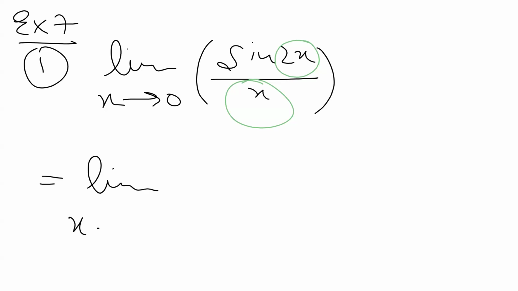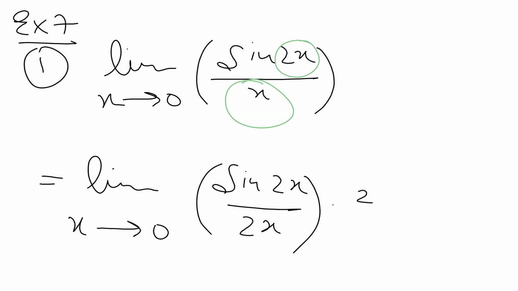To make the value of the angle the same in the denominator, I'll multiply and divide by 2. Now we made the same angle, so we can apply the formula.